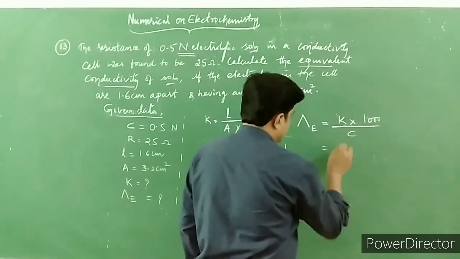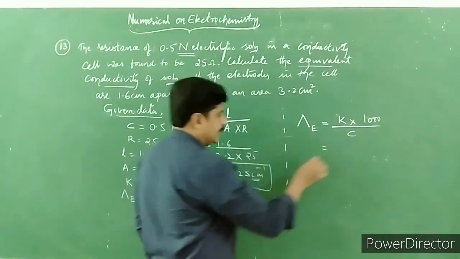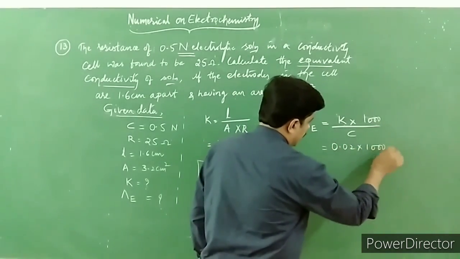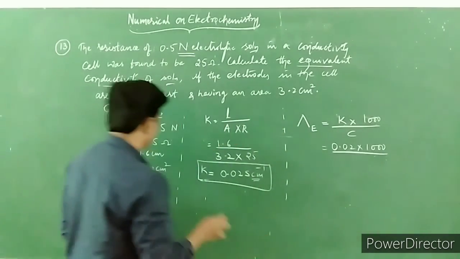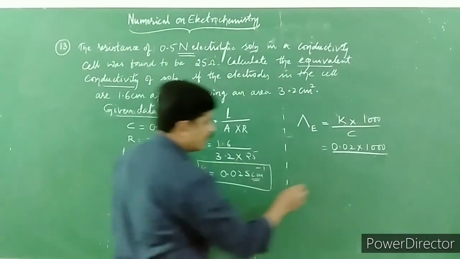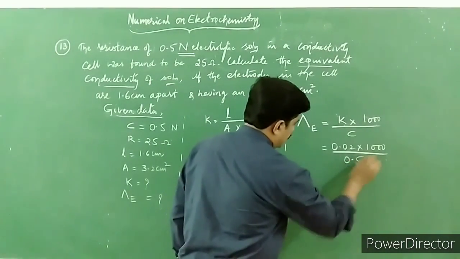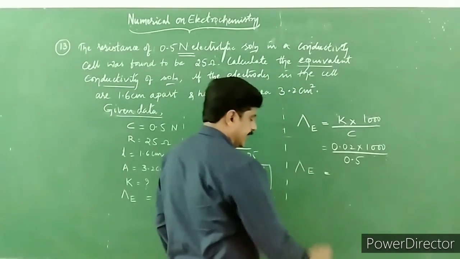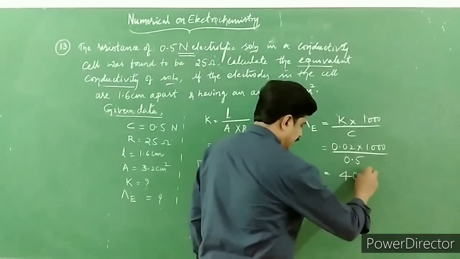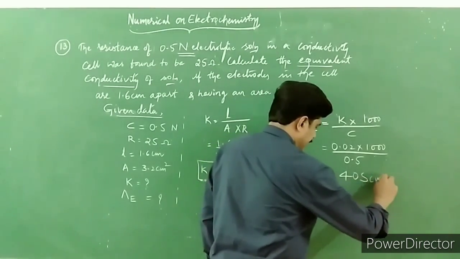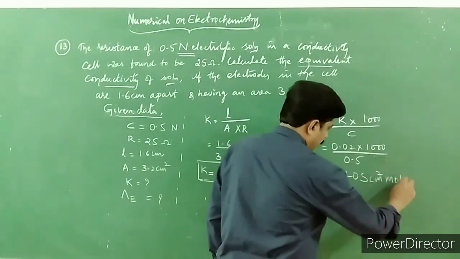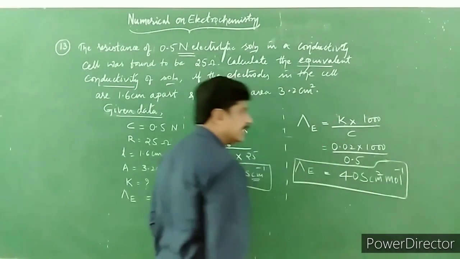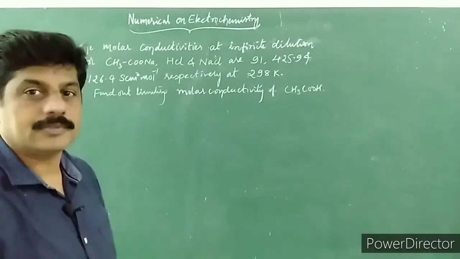C. K is how much? 0.02 into 1000 upon concentration how much here? Look at here. Concentration is equal to 0.5. Children, equivalent conductivity is equal to 40 Siemens centimeter square per mole. So this is what you are going to get if you simplify the expression.